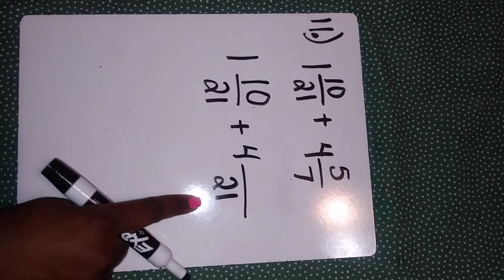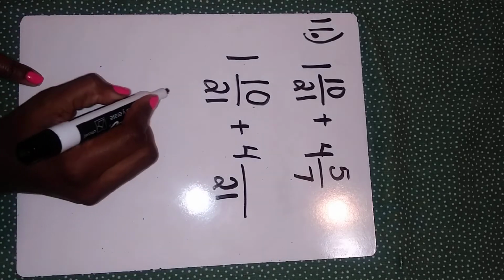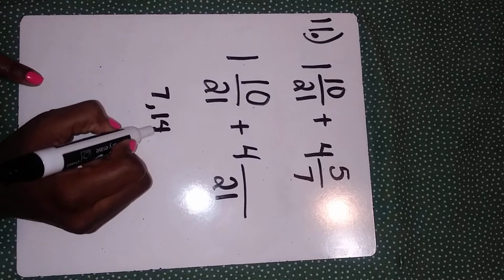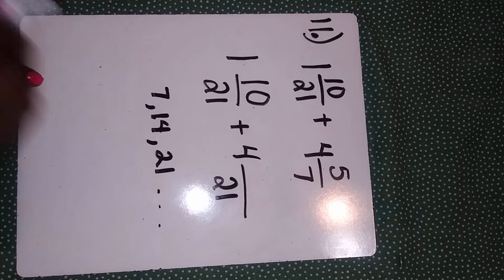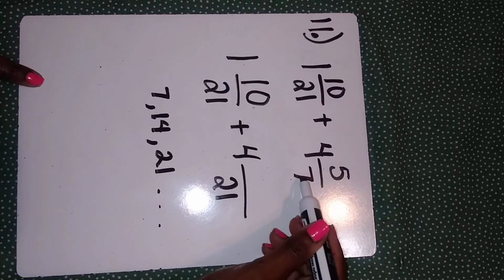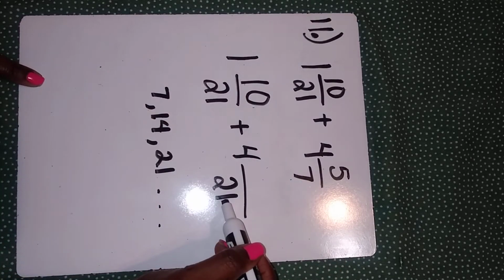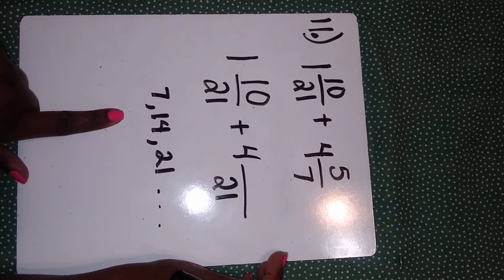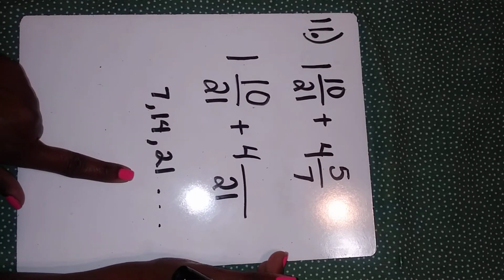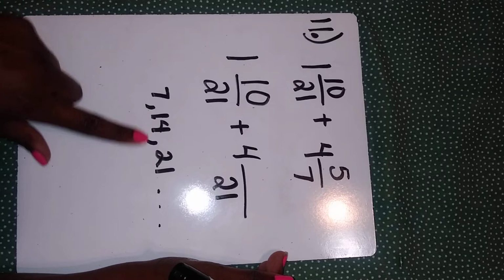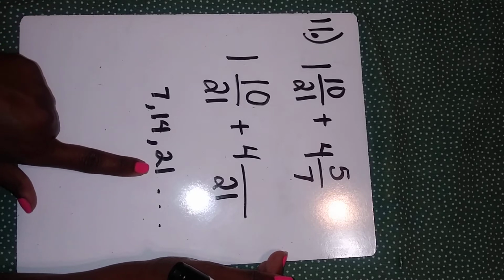This one did. So remember when I wrote my set of multiples for 7, I had 7, 14, 21. I can look at this a couple of ways. Either I can go up here and say 7 times what gave me 21, or I can come down here and count. How many numbers did I write before I got to 21? I wrote 1, 2, 3. I wrote 3 numbers. So I know that 7 times 3 is 21.